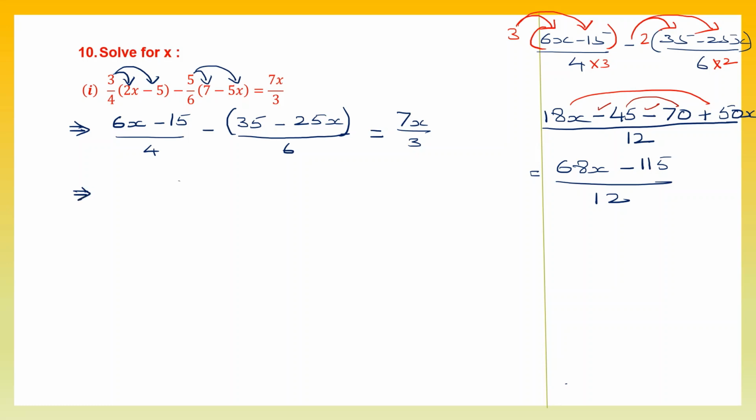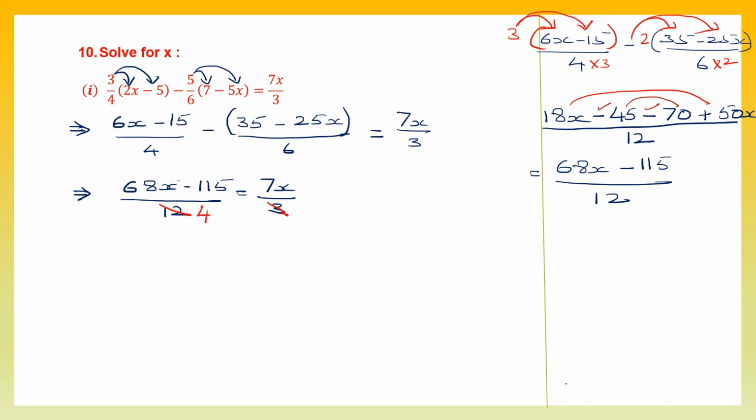Now we've got (68x minus 115) by 12 on the left-hand side. On the right-hand side, we have 7x by 3. Again, to make my work easier, I can cancel the two denominators in this equation. So I can use a common factor and the common factor is 3. 3 4s are 12.